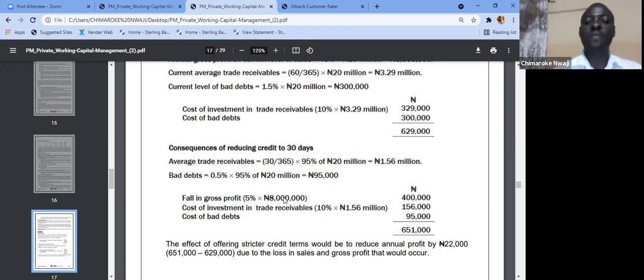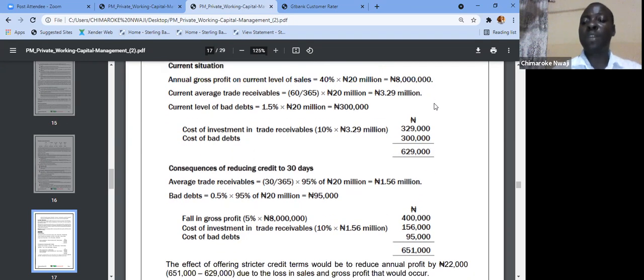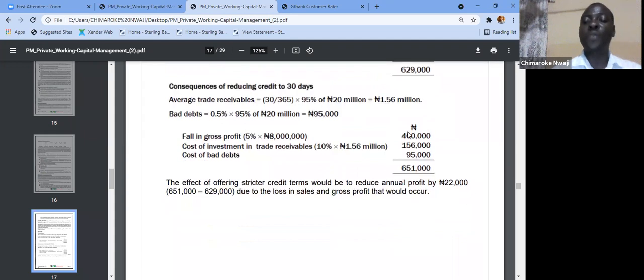So the difference between the revenue, your gross profit will fall by 5%. That means to fall by 400,000 naira. So it means that you're having a gross profit of 8 million before. If it falls by 400,000, you'll be having 7,600,000. So 400,000 is the gross profit you have lost.